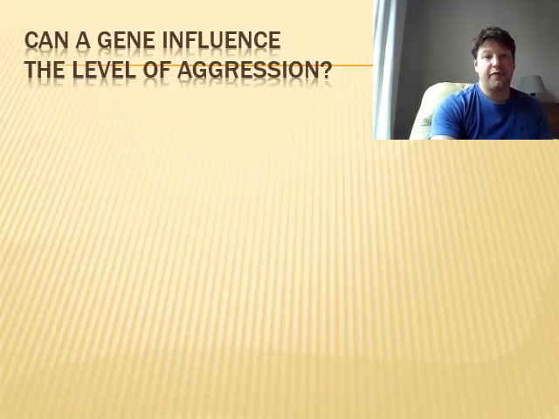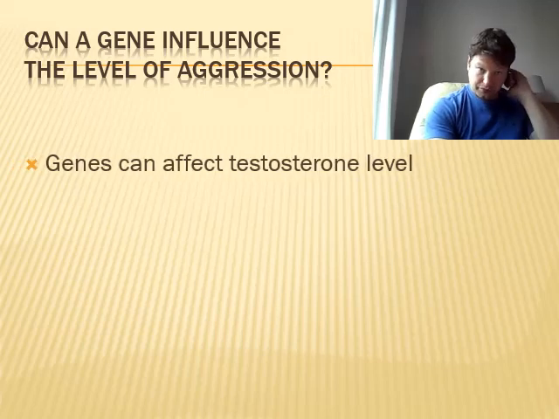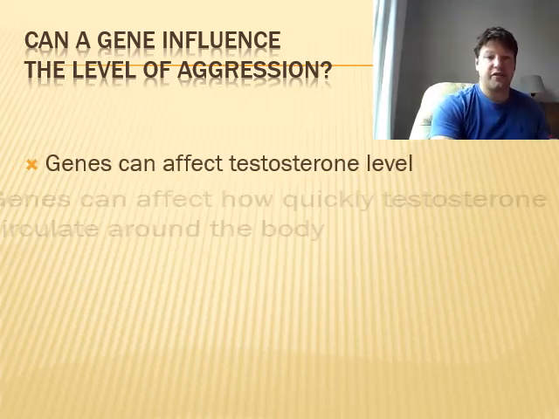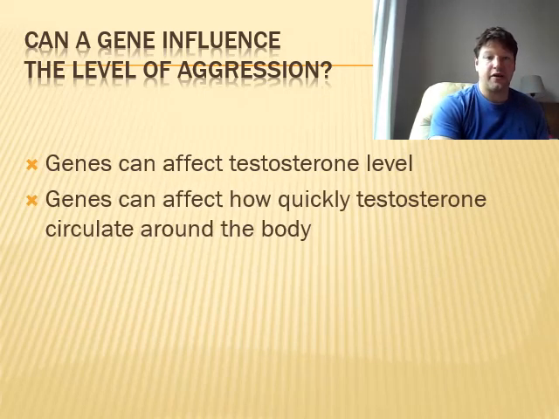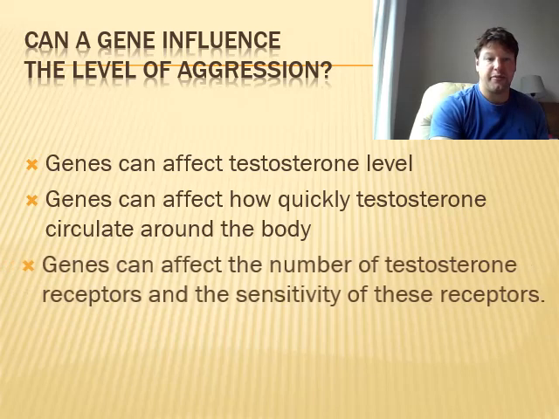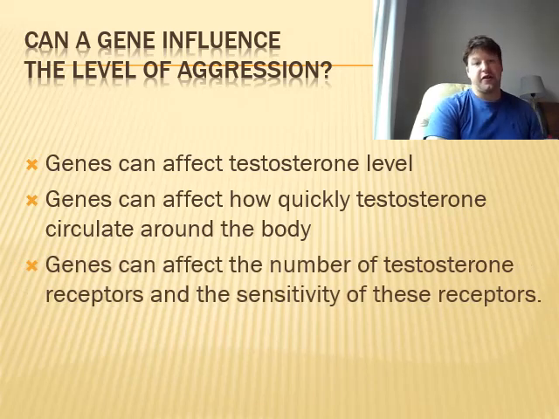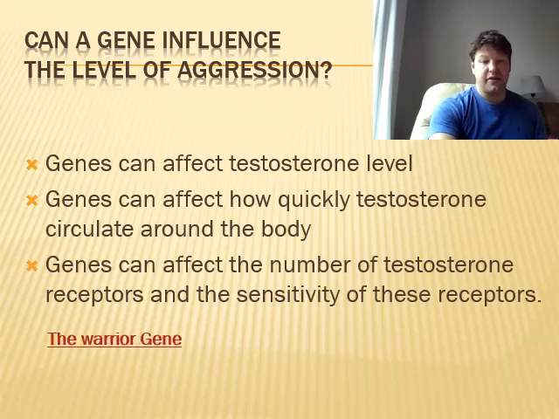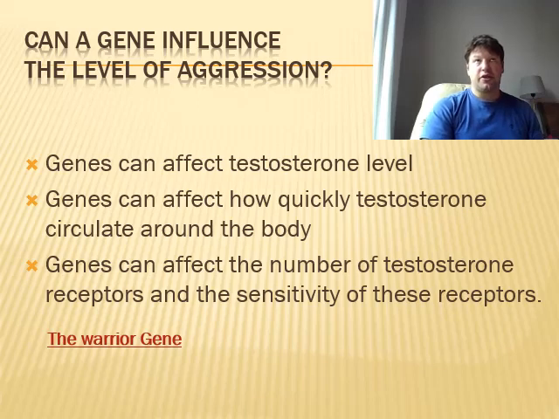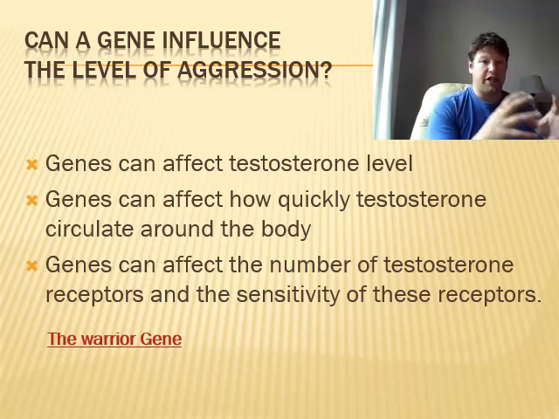Okay, can a gene influence the level of aggression? Genes can affect testosterone level. Genes can affect how quickly testosterone circulates around the body. Genes can affect the number of testosterone receptors and the sensitivity to those receptors. The warrior gene, which we're going to look at now. So you just need to understand that genes do affect things. They definitely do. We know that.